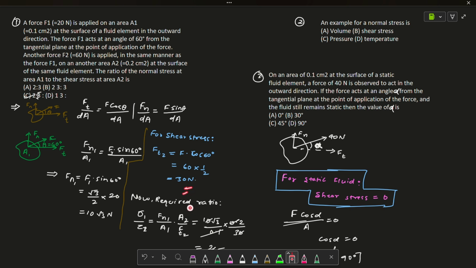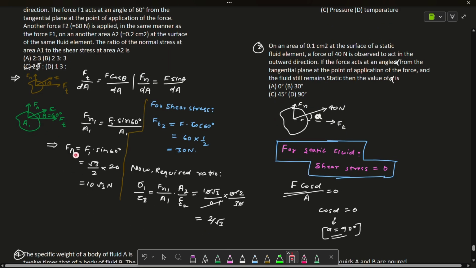Now the required ratio is the normal stress of area 1 and the shear stress of area 2. For the normal stress of area 1 it is the normal force divided by A1, since force divided by area is stress, and this one is for the shear stress, and the ratio of both is taken here.